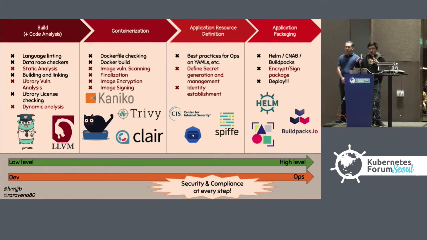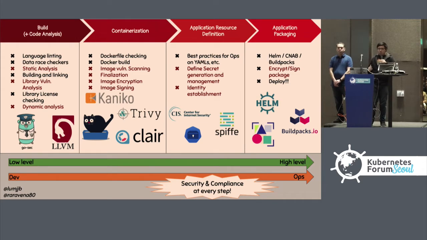You want to run all of this while you still have access to the code. What is produced out of this step is really a binary. The next thing you want to do is containerization, where you take that binary and construct a container image, which includes the operating system and packages.